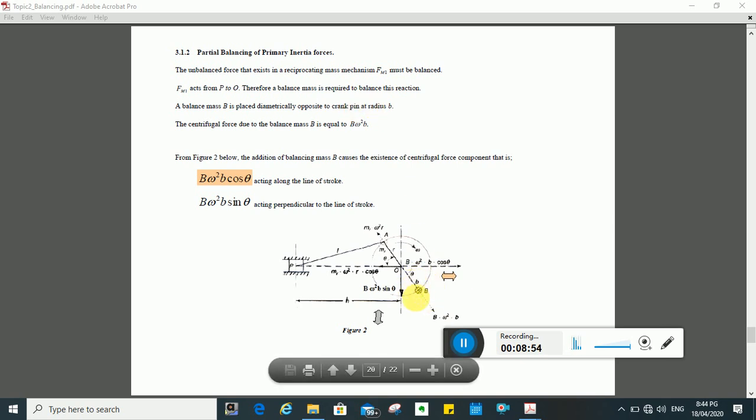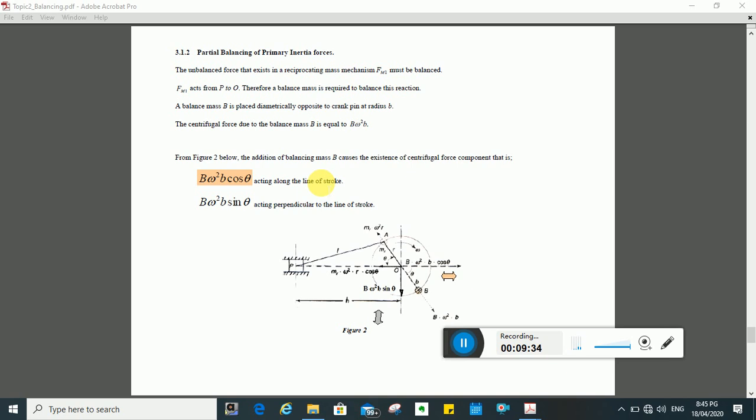Here, B is the mass, and this one, small b, is the radius. The centrifugal force due to the balance mass B is equal to B omega square b, the maximum centrifugal force produced by mass B. So, from the figure below, the addition of balancing mass B causes the existence of a centrifugal force component acting along the line of stroke, that means the X position.